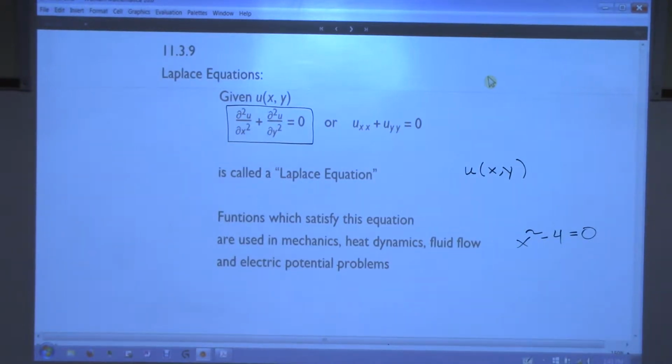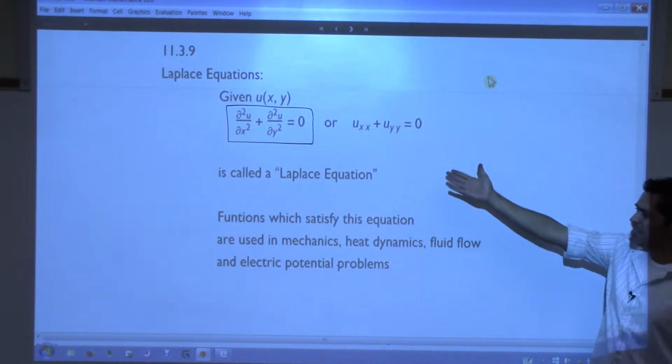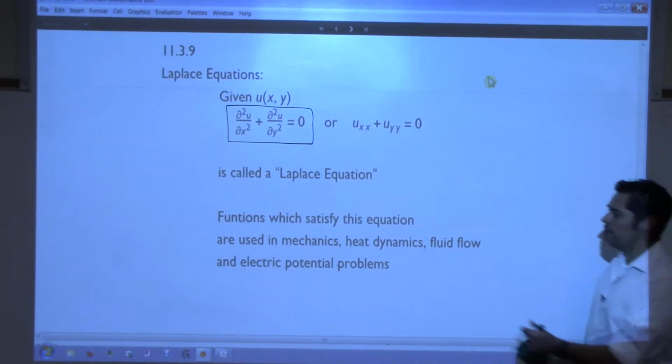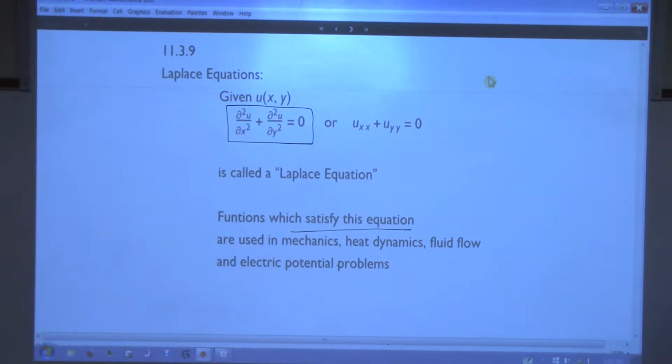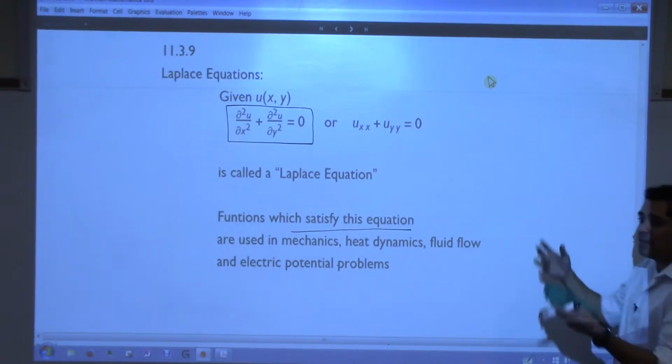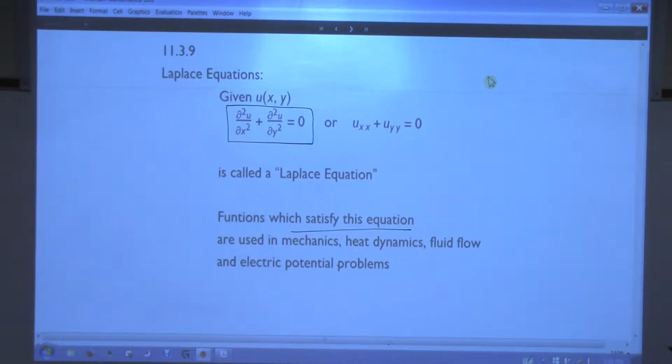So what we're trying to do here is come up with some way of determining if functions will satisfy that or not. Functions which satisfy that equation are known to satisfy the Laplace equation. That's all they are. It's just a whole category. But you have to check them, all right?